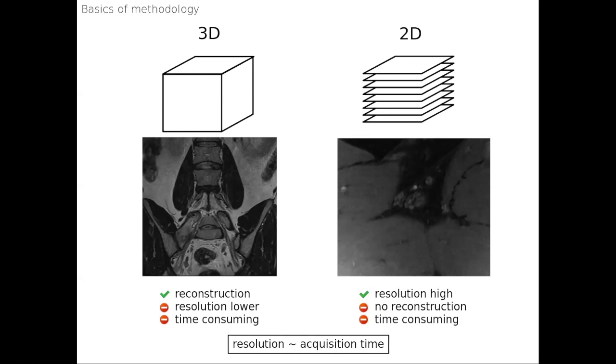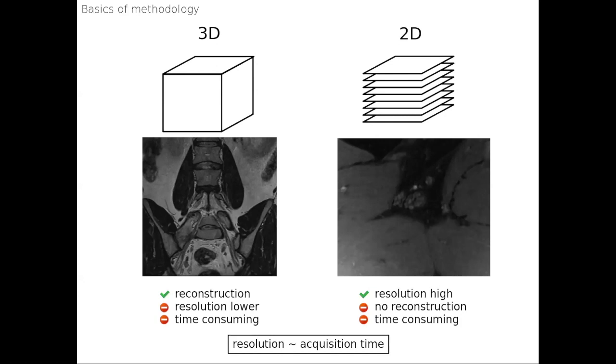And this might be quite helpful depending on the question that is asked by the clinicians. So, for instance, if a nerve surgeon wants to look at the three-dimensional aspect of a peripheral nerve tumor, then a 3D sequence might be quite interesting for him to look at the volumetric aspects and also the surrounding structures nearby.